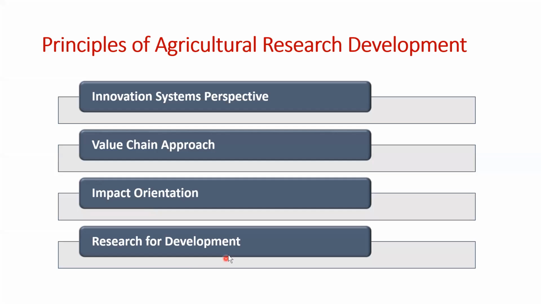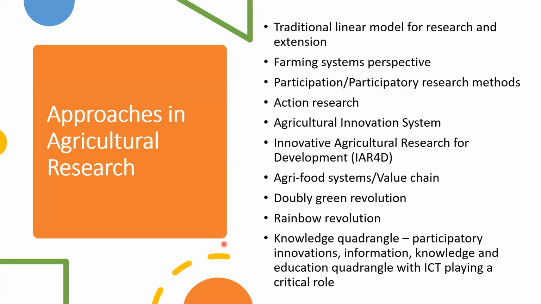Research for development, we always need some kind of development in every sector. The same is true of the agriculture sector. What are the approaches then in agriculture research? A traditional linear model for research and extension, where you are working in the labs, and then you are providing that information through extension to people or farmers.